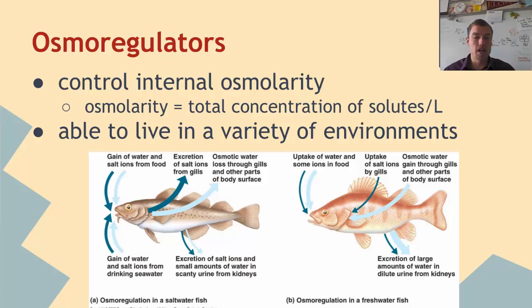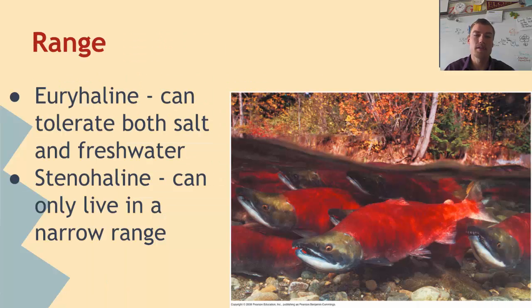The salt water are going to be, you need to get rid of a lot of that salt to make sure that you're maintaining the right concentrations. Whereas a freshwater fish is going to be taking in a lot of salt and then excreting that salt through the urine.